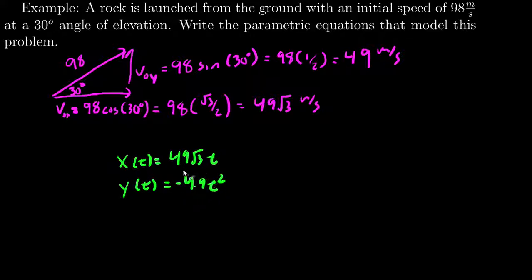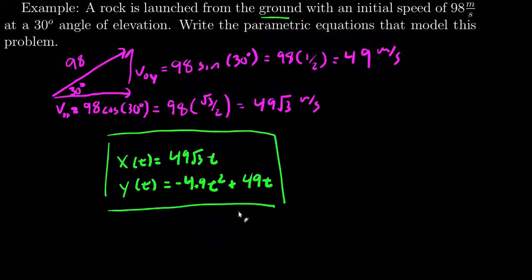This is always going to be in here because it's half the acceleration due to gravity on Earth, plus the initial y velocity, which is 49, so 49t. And since I'm from the ground here, plus 0, I don't even need it, it doesn't change anything. So there are the parametric equations, and I'm going to use these in the following problems.